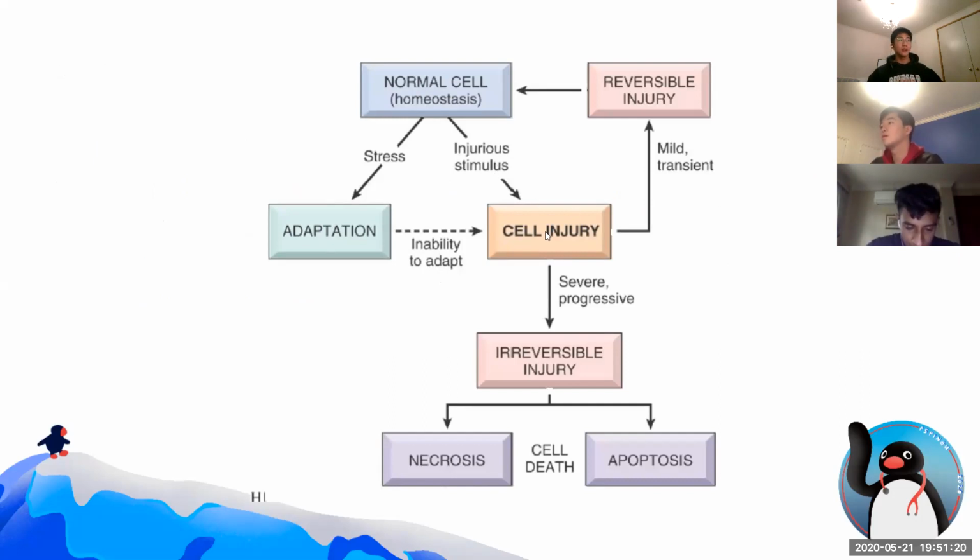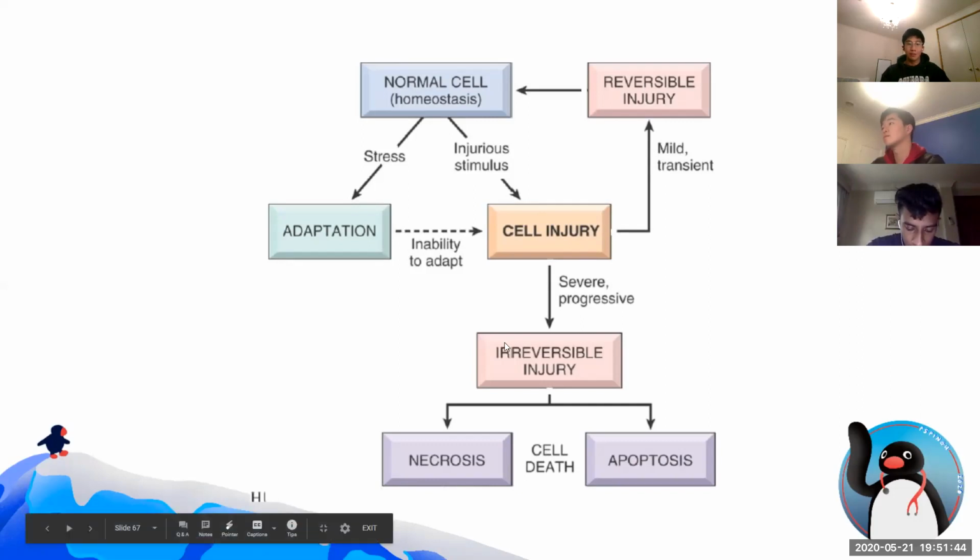Depending on how bad the cell injury is, it might be reversible or irreversible. For example, if you fall over, that's a reversible injury, so your cells will recover and return back to normal. But if you crash your car and injure yourself pretty badly, that's going to cause an irreversible injury, and this could result in cell death.